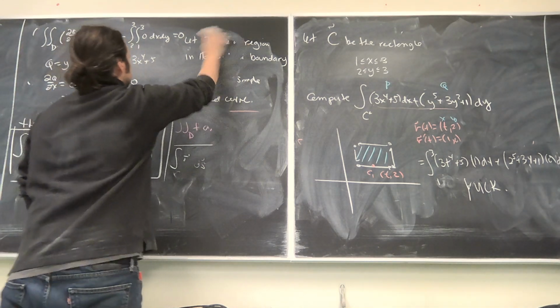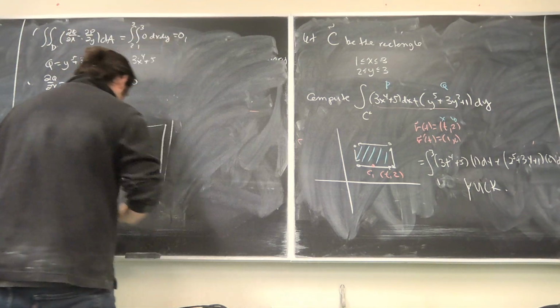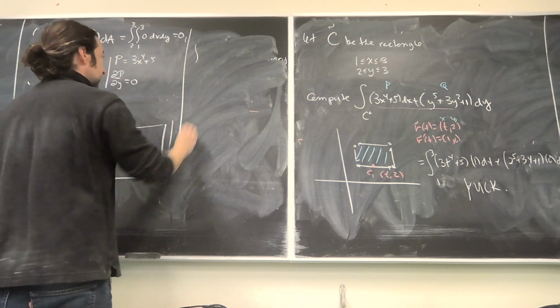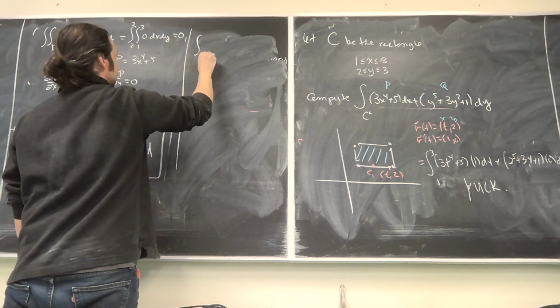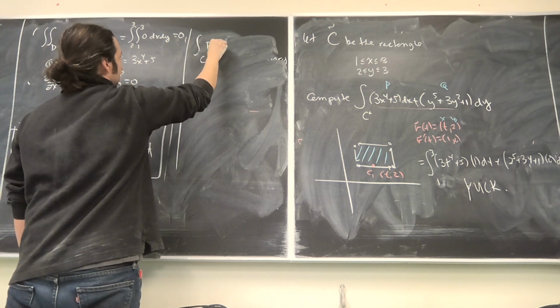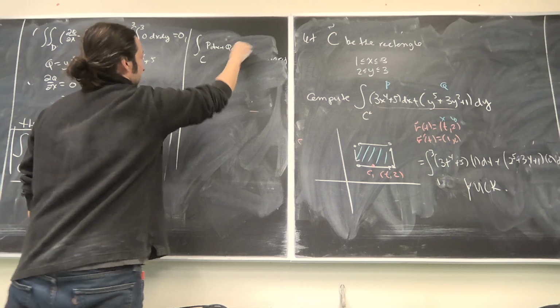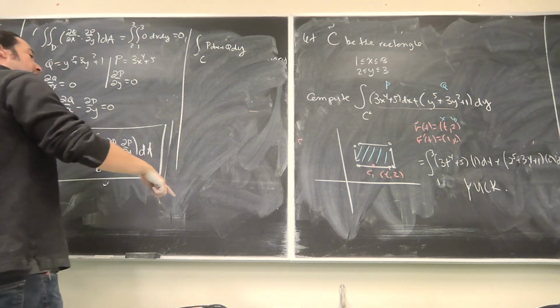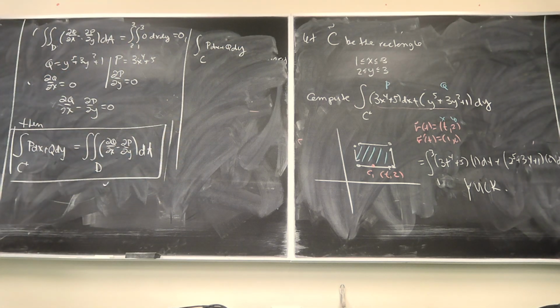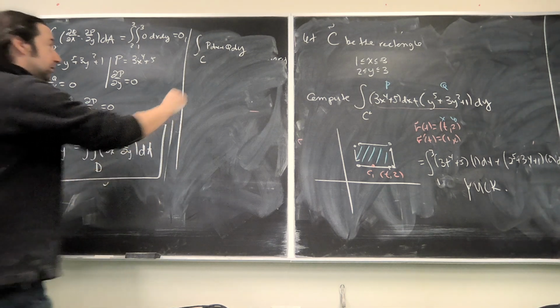So, let me reiterate what we did right there. We started with the integral over C of P dx plus Q dy. We observed that it's a closed curve, so I can apply Green's theorem to it in the positive direction.